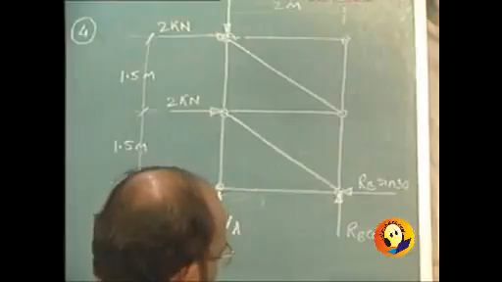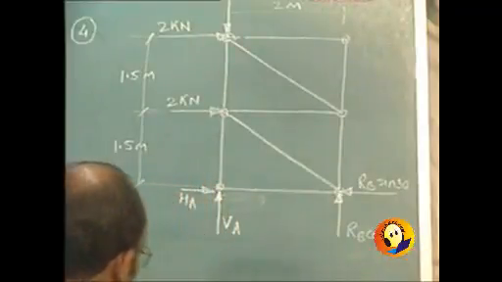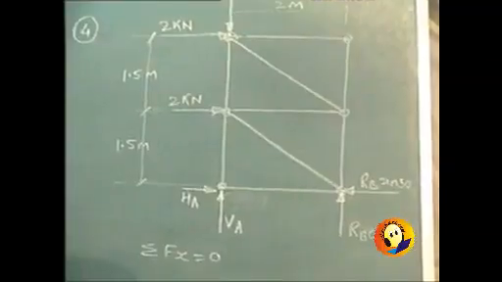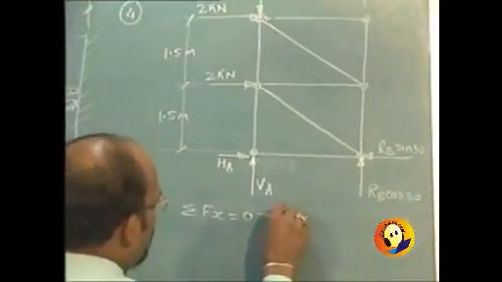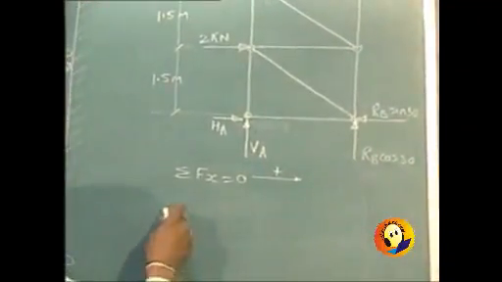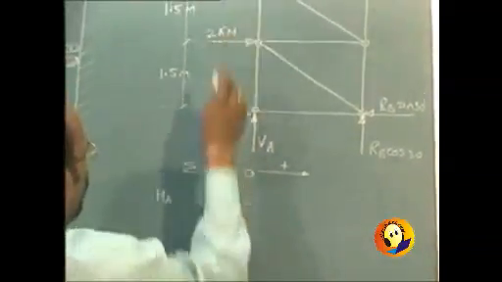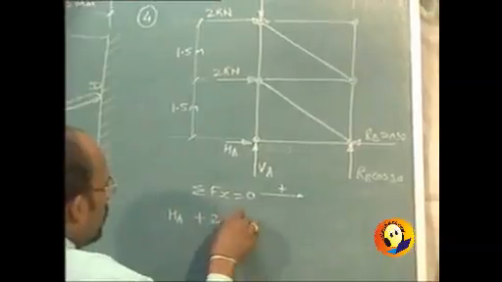As we are talking about the equilibrium, the same 3 equations will still be applied. Like the first one, sigma Fx is equal to 0, of course, towards right positive. So we have horizontal force HA at joint A. Then two horizontal forces which are 2 kilonewtons each.